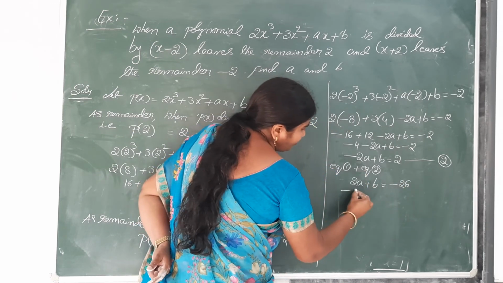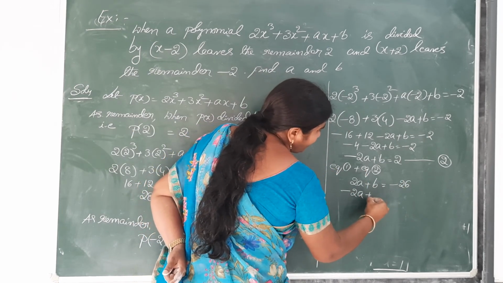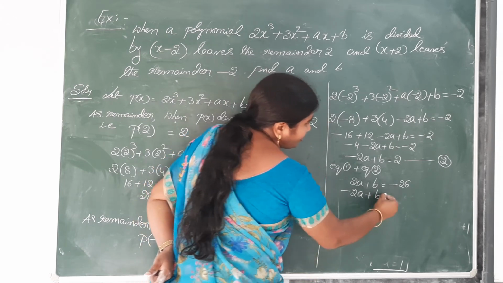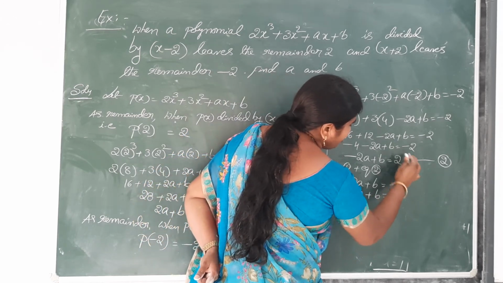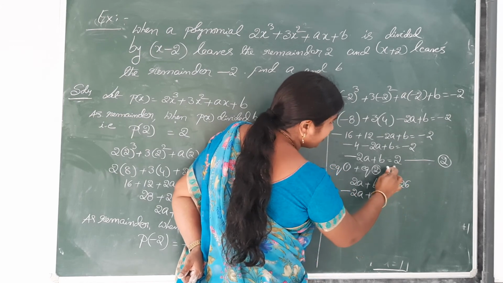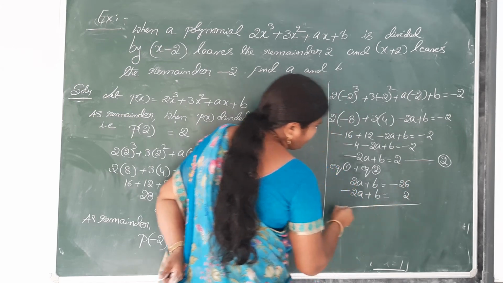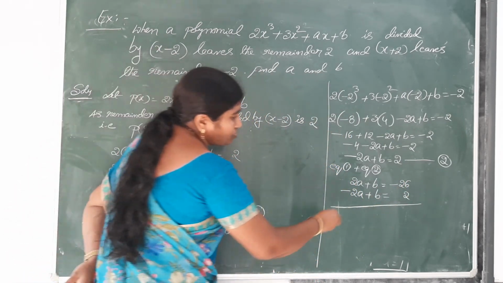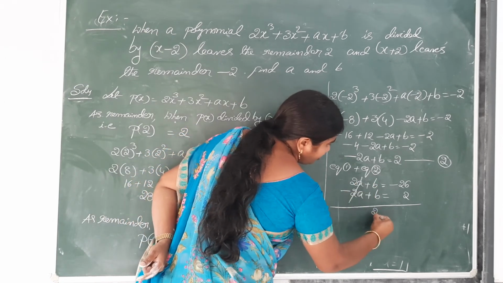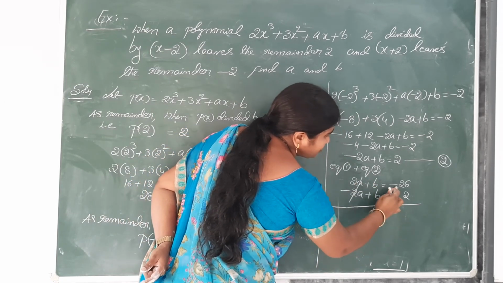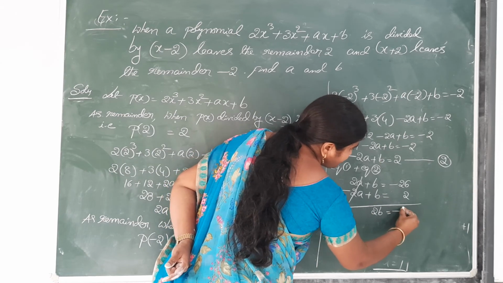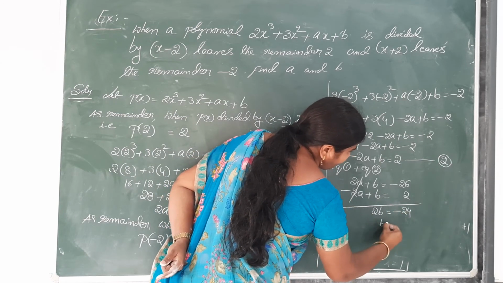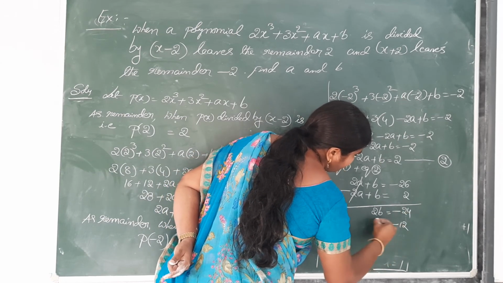Second equation: minus 2a plus b equal to 2. Adding, plus 2a and minus 2a cancel. 2b equals minus 26 plus 2, which is minus 24. Then b equals minus 12.